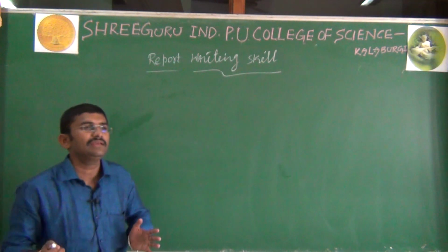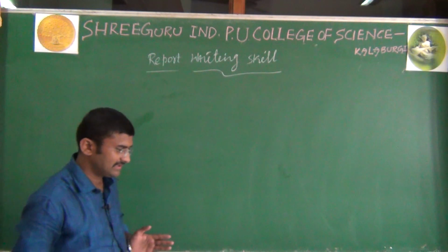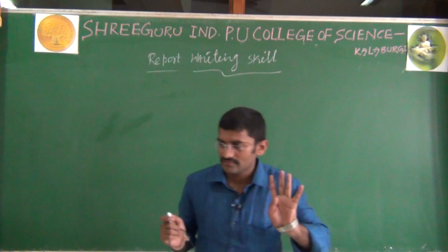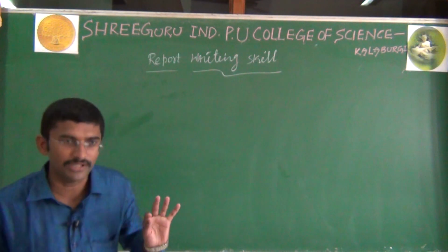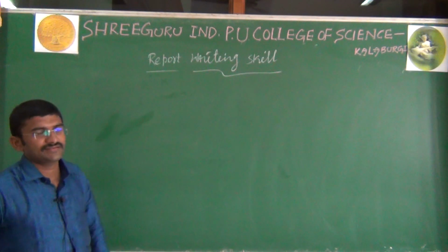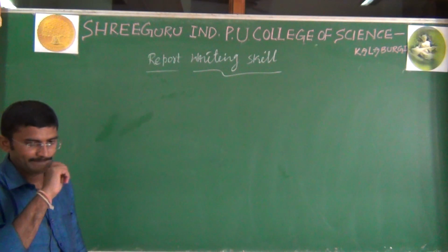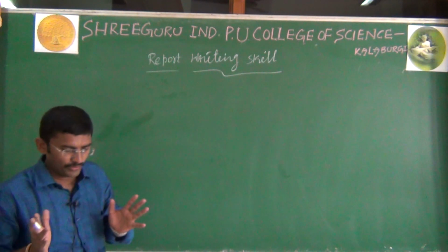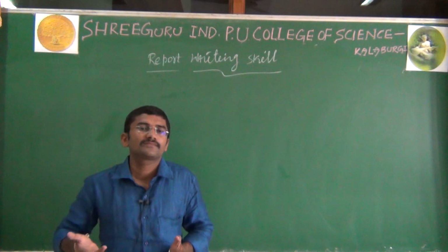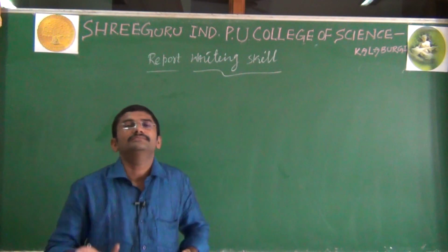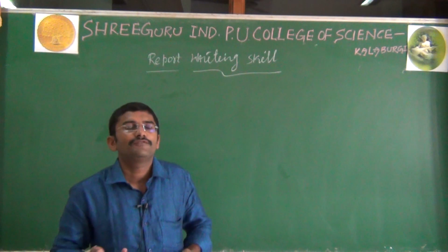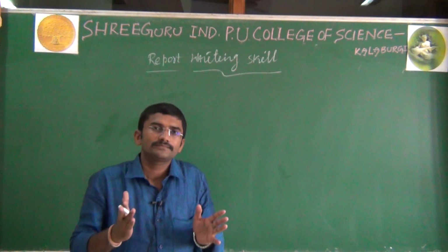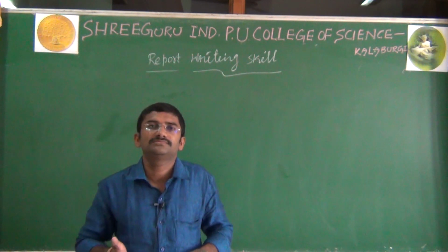Report writing is one of the important aspects in writing skills, among the 4 skills: L, S, R, W. In this report writing, there are certain things to be followed. Reports are factual, and they vary from area to area, from subject to subject.